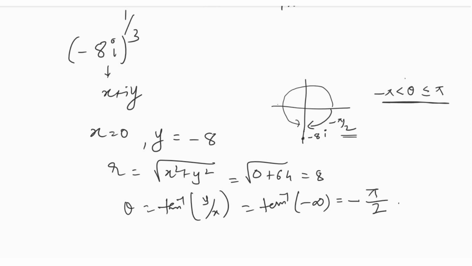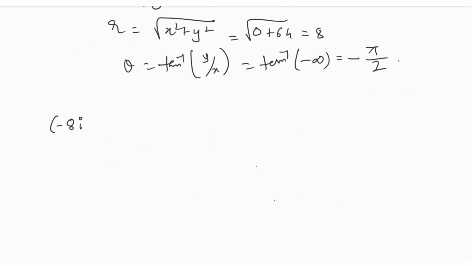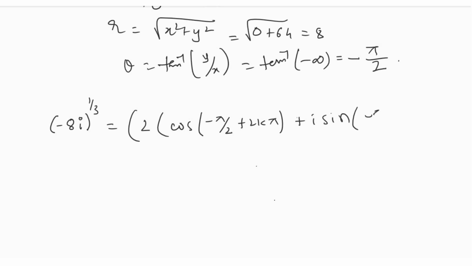So that means we can write (-8i)^(1/3) as 8 into cos of (minus pi by 2 plus 2k pi) plus i sin of (minus pi by 2 plus 2k pi), whole power 1 by 3.